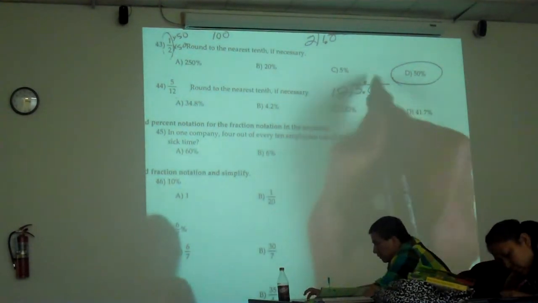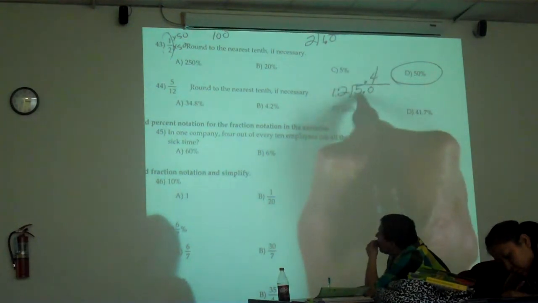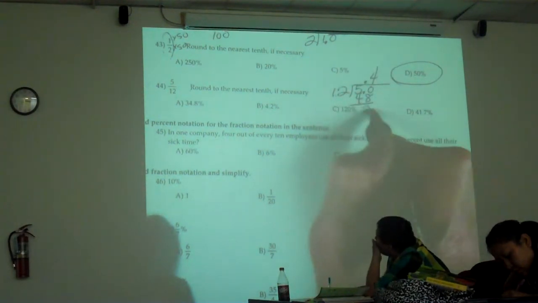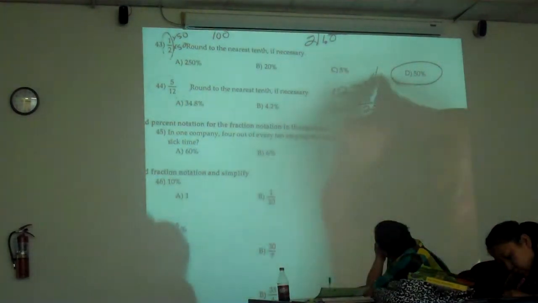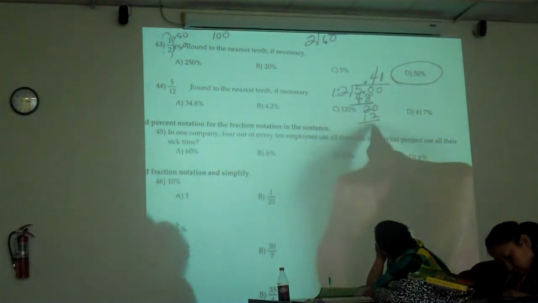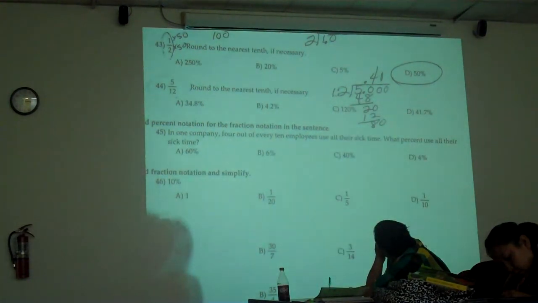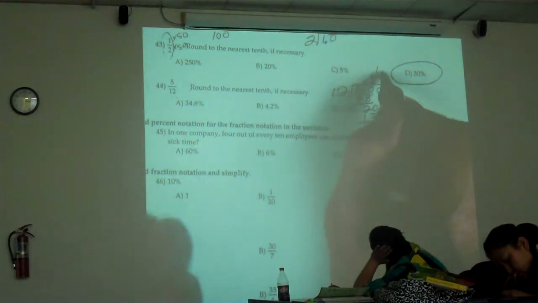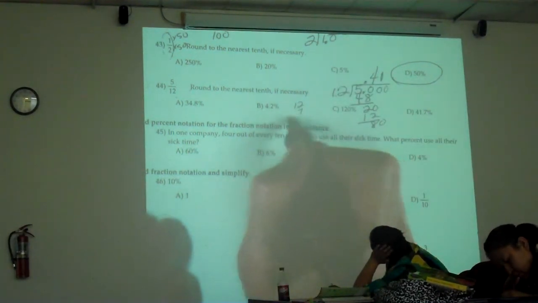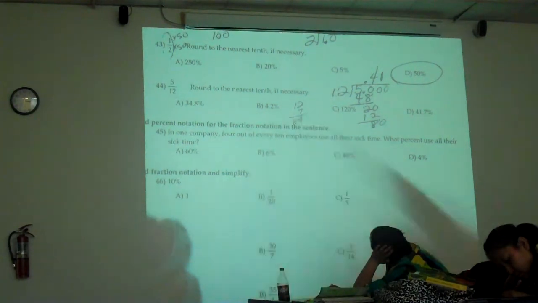Okay, 12 into 50 is 4. 48. 12 into 20? 1. How about 12 into 80? I don't know. Let's do 12 times 7 is 84. That's too many.